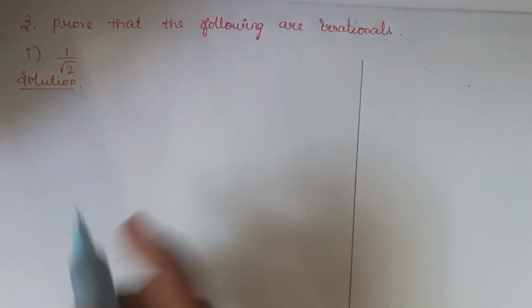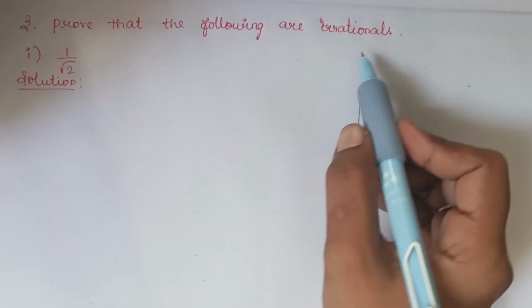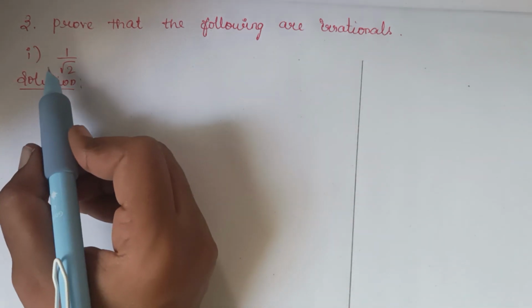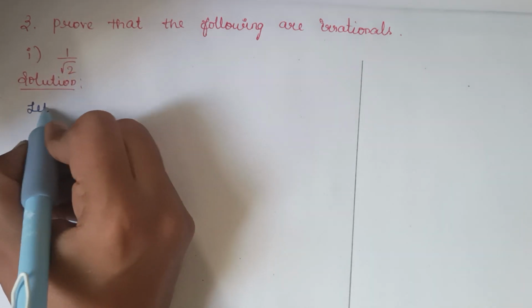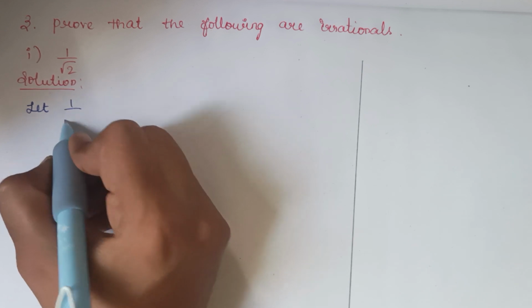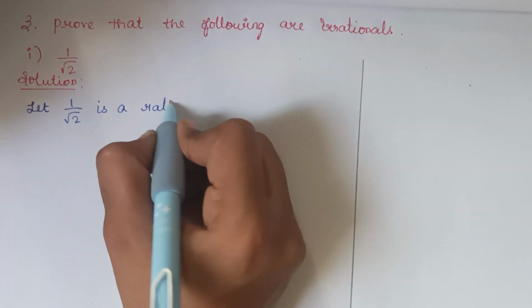Yeah, the next, third one: prove that the following are irrationals. So three sums they have given. The first one, 1 by root 2. Let us assume that 1 by root 2 is a rational number.